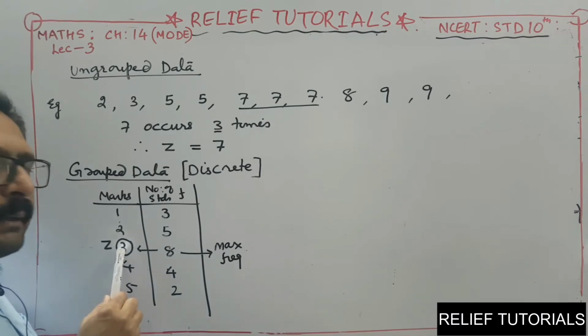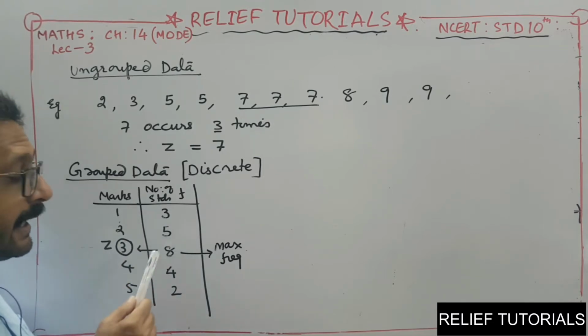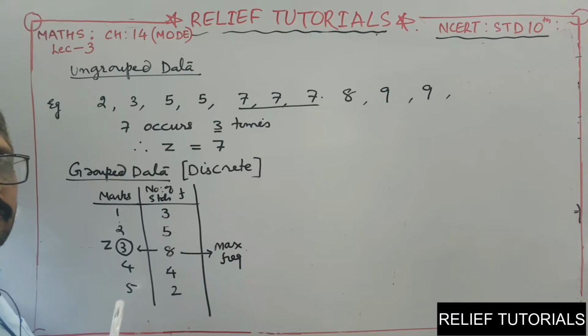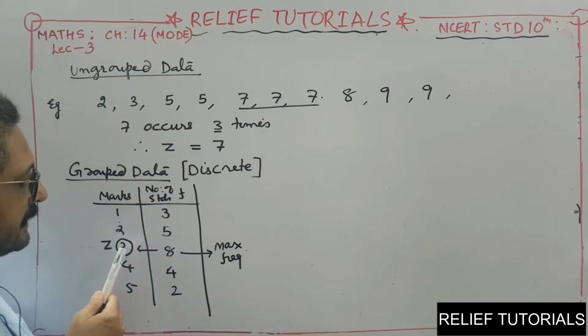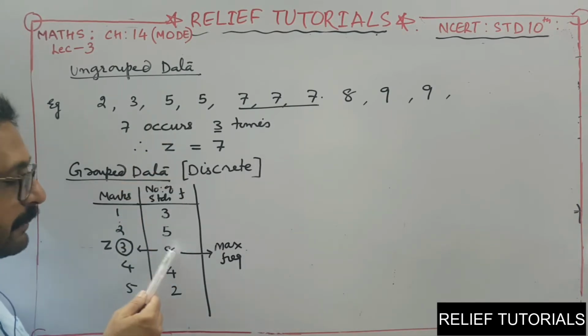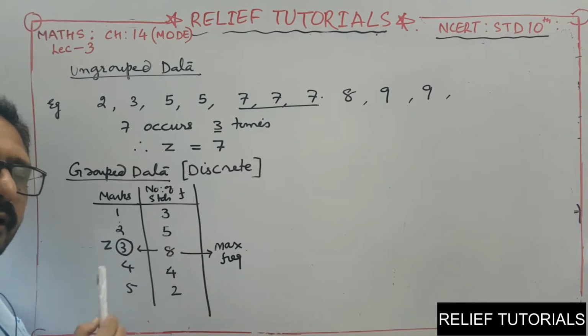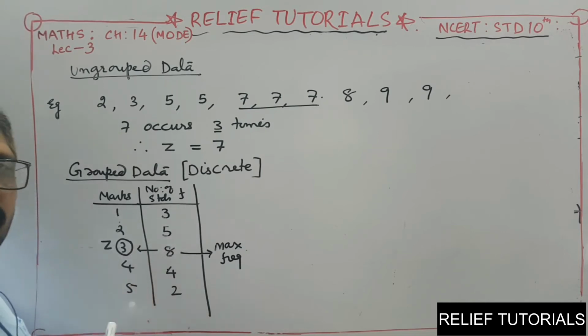Because this 3 appears 8 times. There are 8 students who got 3 marks. So if you make a list of the marks, then this 3 will appear 8 times. So in short, value of observation with maximum frequency is called mode. So this is mode for group discrete data.